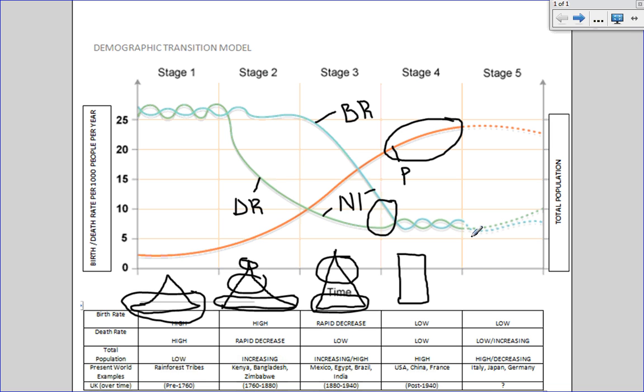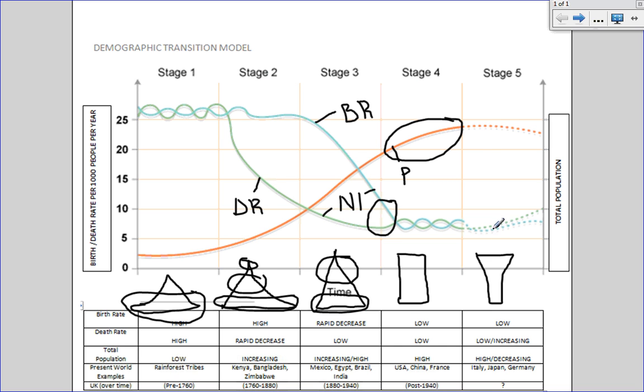Now, a new stage that's been added to the model in the last 20 years is stage 5. And you can see that stage 5 has dotted lines for its population, its birth rate, and death rate, because we don't really know what is going to happen with these countries. It's such a new phenomenon.